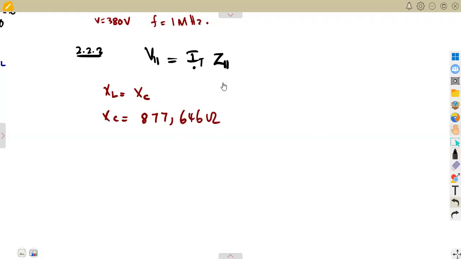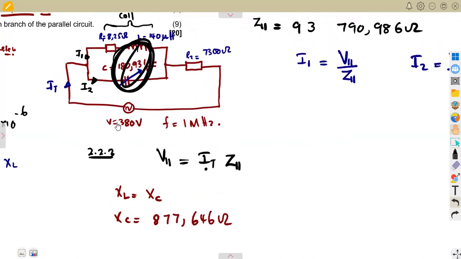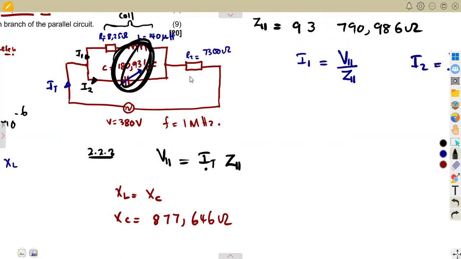If we consider we have the total voltage, and the impedance of the parallel is there, then if you take this parallel combination and add R2, which is in series to this, you obtain the total impedance, which will give us the total current.